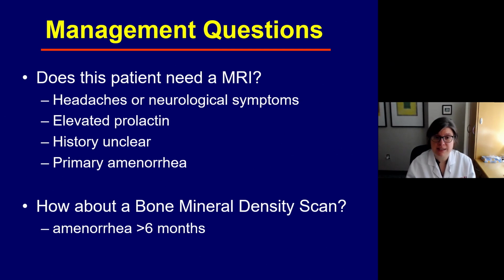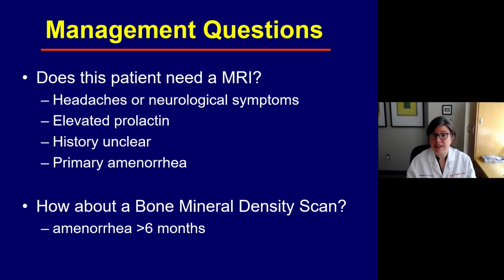The patients that I would consider getting an MRI on are the ones with headaches or neurological symptoms, patients that have any elevation in prolactin, even mild, because sometimes even mild elevations in prolactin can mean that there's a large pituitary tumor that's causing stalk deviation, and that's why the prolactin is elevated, and you don't want to miss that.